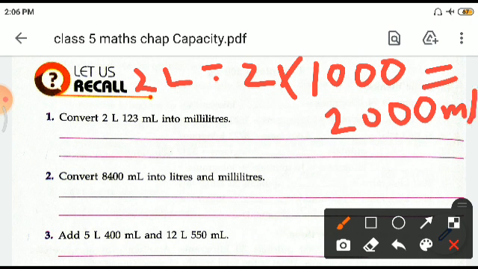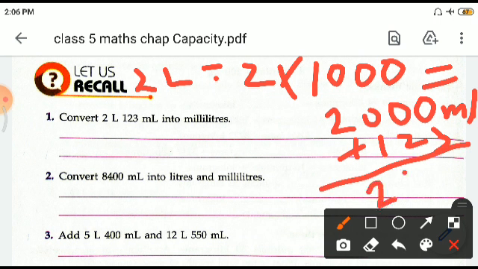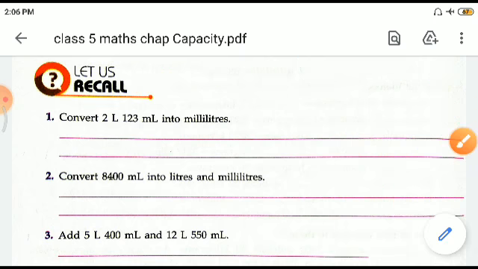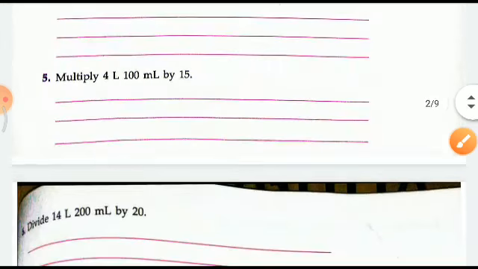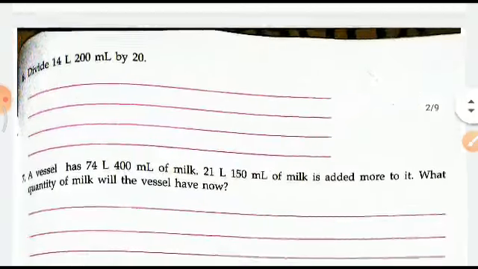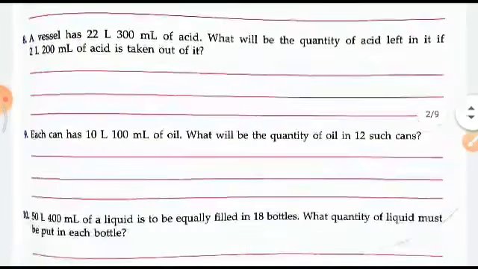To this we now add 123. We get 2123 ml. Right, this is how we convert. We convert the larger unit into smaller units and then we simply do addition, subtraction, multiplication or division, whatever has been asked in the question.